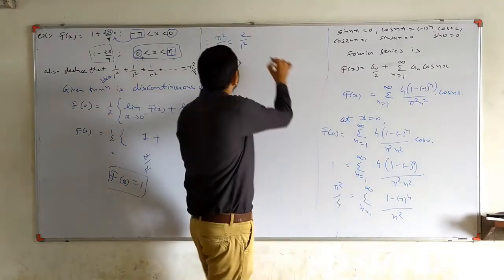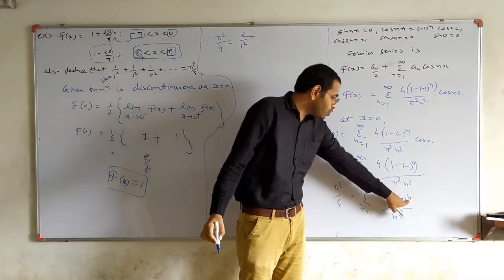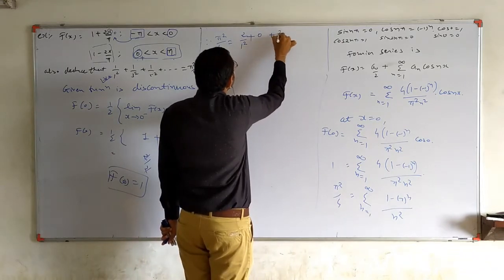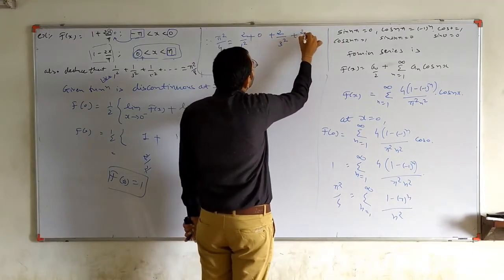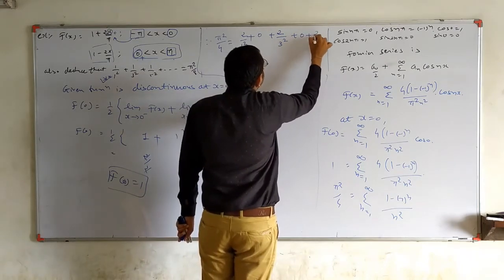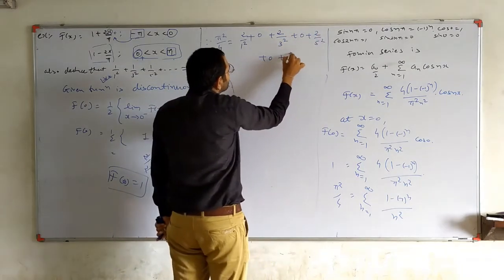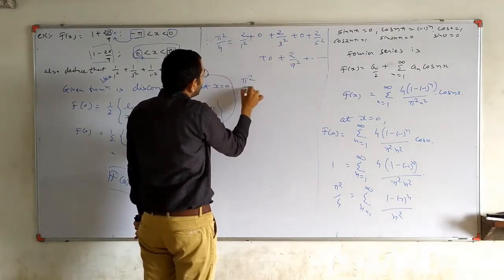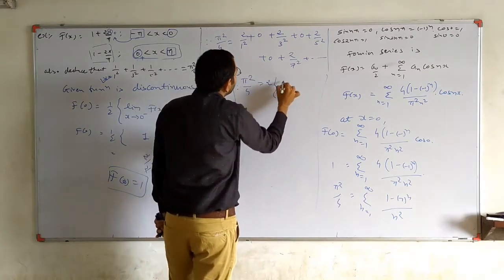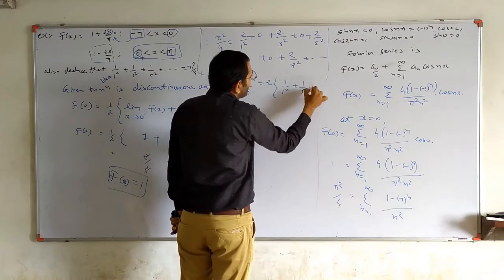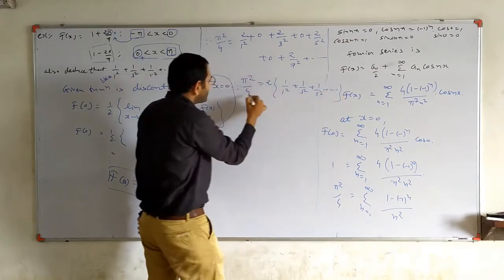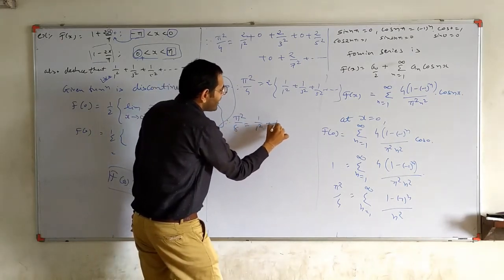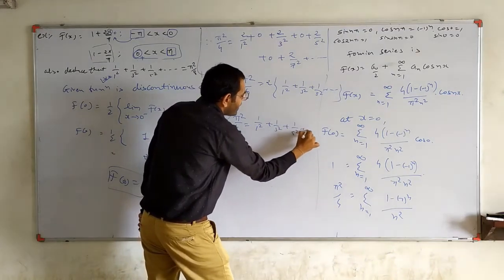Substituting n equal to 2, 1 minus 1 is 0, and 0 into anything is 0. Again n equal to 3, then n equal to 4 gives 0, then 5, 6, 7, and so on. In the numerator 2 is common, so we get 1 upon 1 square, 3 square, 5 square, and so on. This 2 comes to the other side, so pi square by 8 equals 1 upon 1 square, plus 3 square, plus 5 square, and so on.